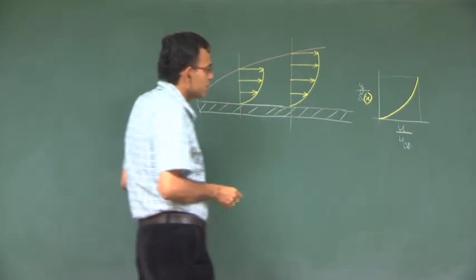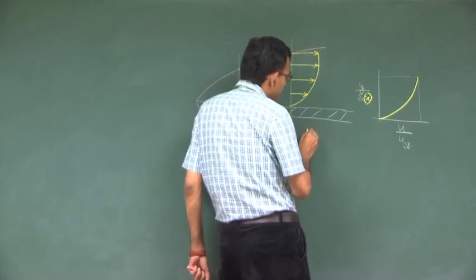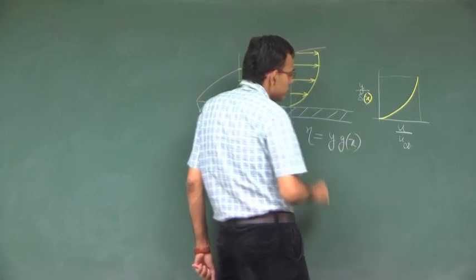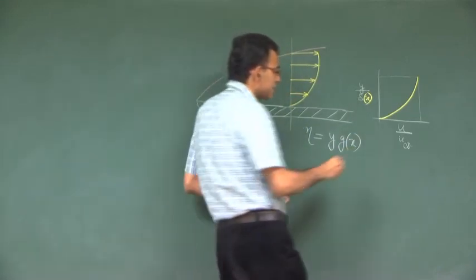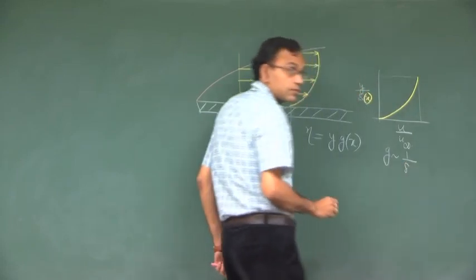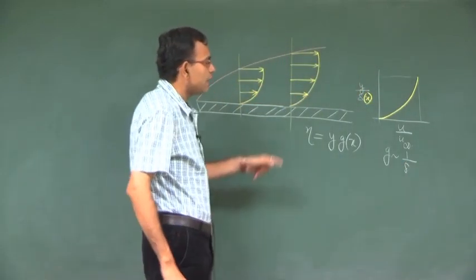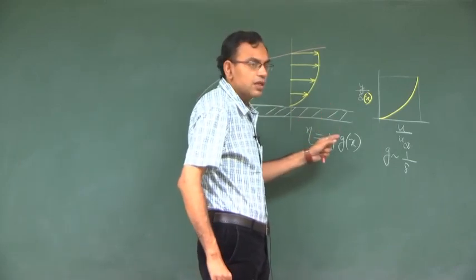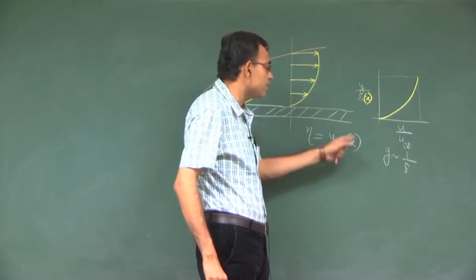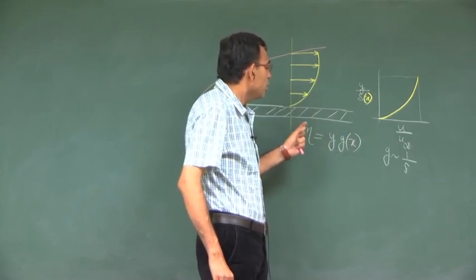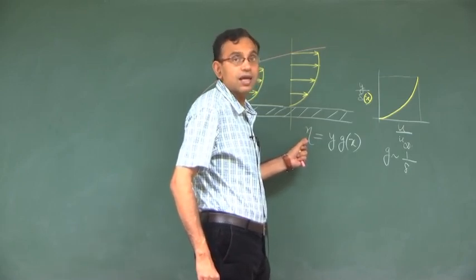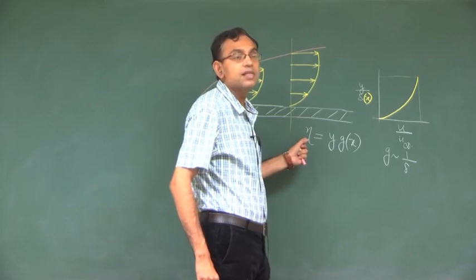So, now if you define a variable eta is equal to y into g(x), where this g(x) will scale with 1 by delta, and if we are able to transform the partial differential equations which describe the boundary layer in terms of an ordinary differential equation expressed with this as an independent variable, then we can say that this problem is self similar.